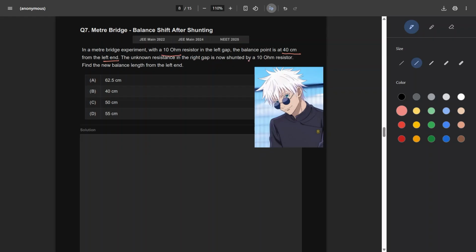And then we shunt it with a 10 ohm. Okay, so now we need to find the new balance. We just draw the diagram. 10 ohm in the left gap. We don't know what is at right gap.